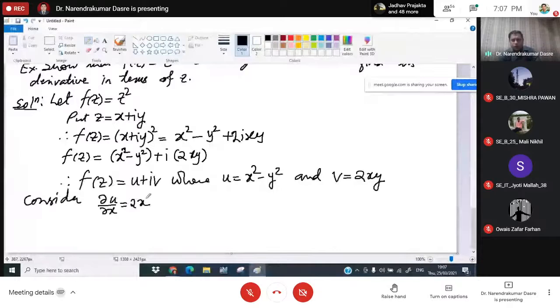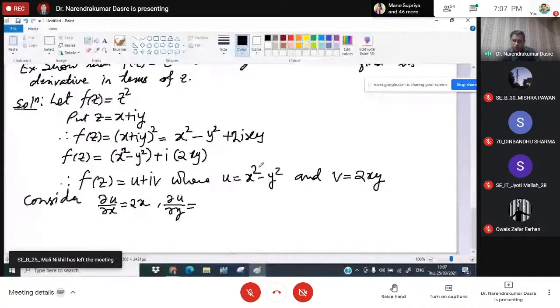Now the partial derivative of u with respect to y. When we are finding the derivative with respect to y, x is treated as a constant and the derivative of the x square term is going to be 0. The derivative of y square is going to be 2y, and with the minus sign here, we get the derivative to be minus 2y.